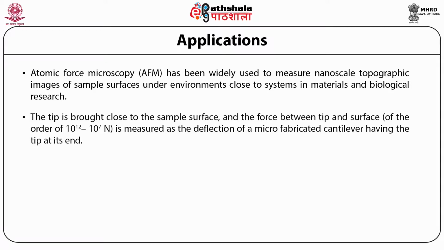The tip is brought close to the sample surface, and the force between tip and surface, on the order of 10^-12 to 10^-7 N, is measured as the deflection of the micro-fabricated cantilever having the tip at its end.